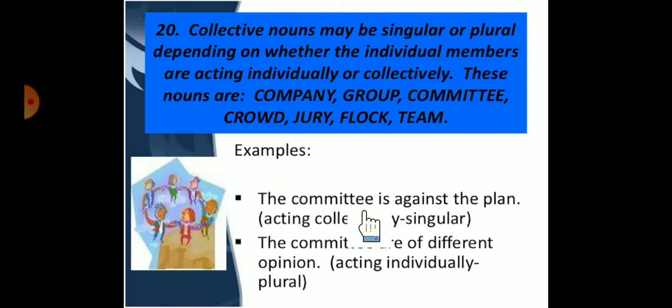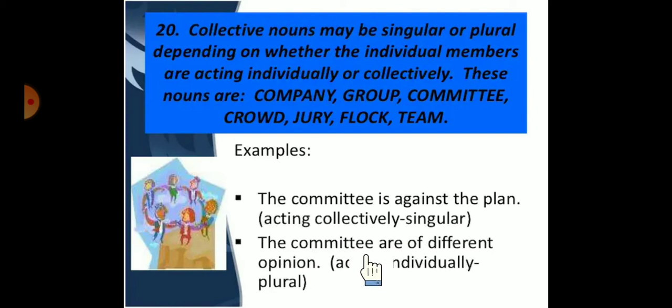For example, the committee is against the plan. Here the committee is acting collectively, so the verb is in the singular form: is against the plan.